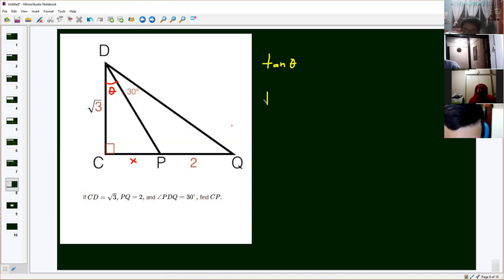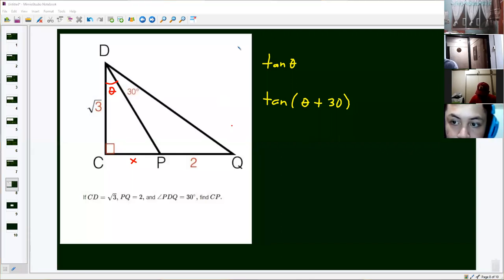And tangent of theta plus 30. Base these two on the figure. Come on, guys, a little imagination.